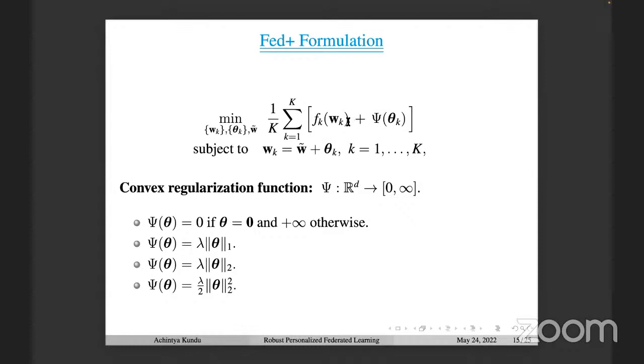Here we have a separate optimization variable WK, but we also want something which is sharing. If we don't have the psi theta K, for example, then it's just separate optimization problems. So there is nothing you are learning from each other then. That will be the best case in personalization.